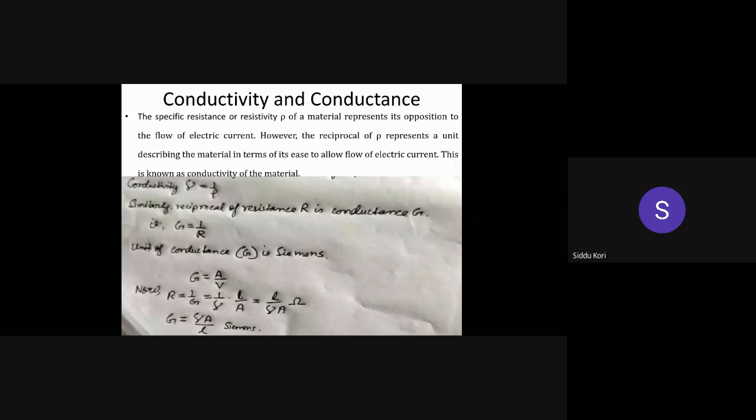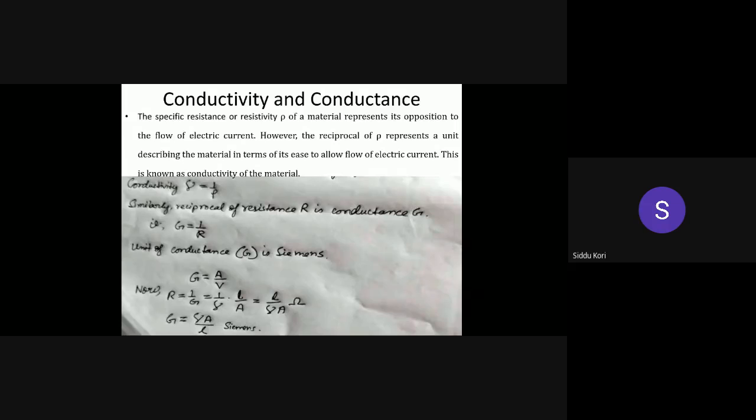Just the opposite or the reverse of resistivity is conductivity. What we studied till now, resistance, is the opposition to the flow of current. Conductivity is the ease of flow of current, just the reverse of resistivity or resistance.